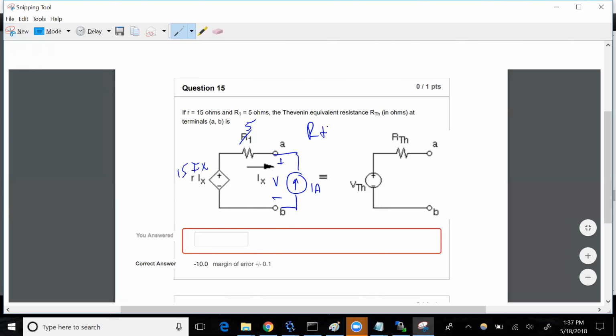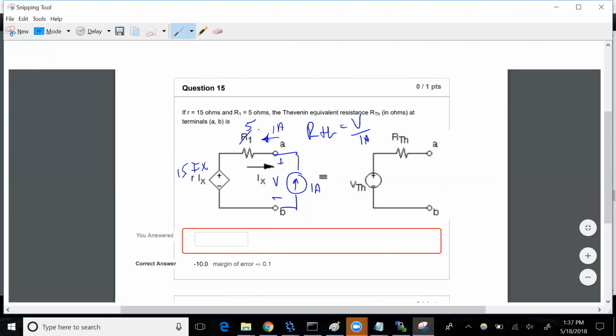And then the R Thevenin would be V over 1 amp, right? But in this case, if you put in current this way, 1 amp, then IX is negative.